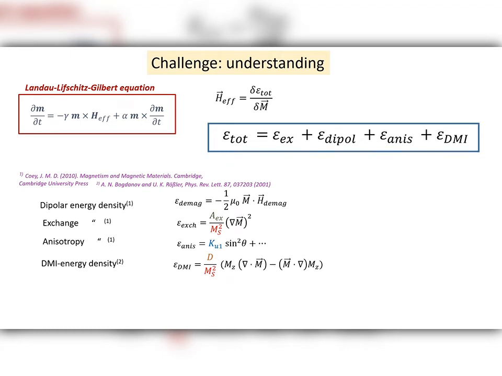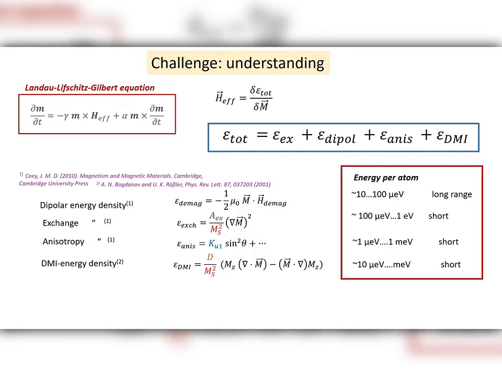In these energy terms go magnetic parameters such as the saturation magnetization, the exchange constant, the DMI, and the anisotropy constant. The critical thing behind this is that the exchange energy is extremely short range and the largest one.